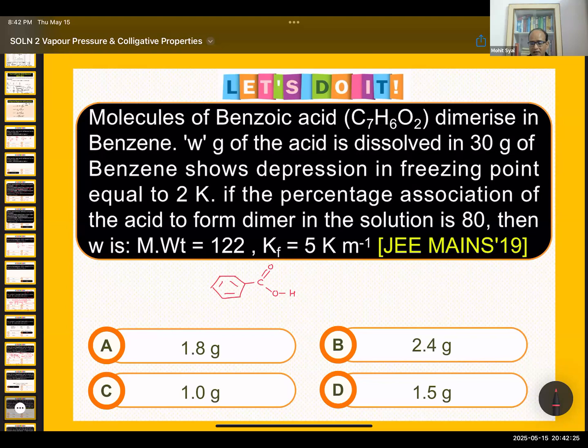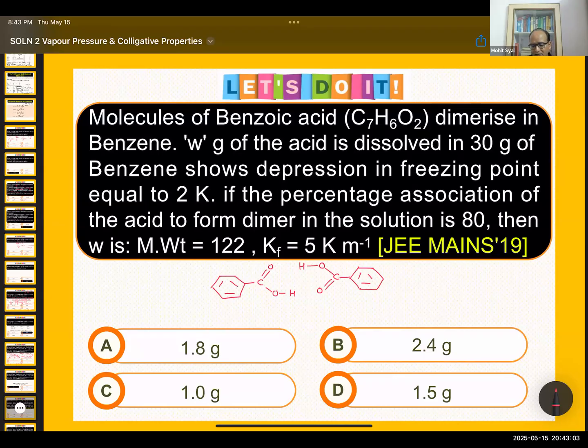What is the reason why they undergo dimerization? Okay, this is another molecule. So what is the force which is responsible for their combination, for their dimerization?